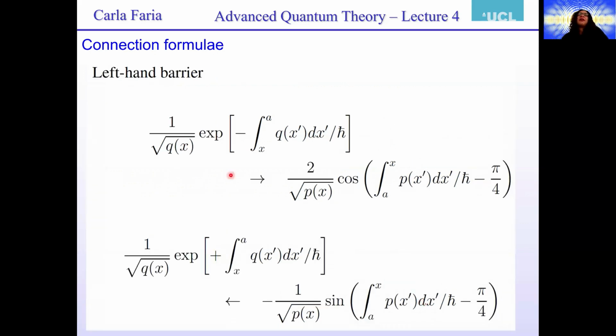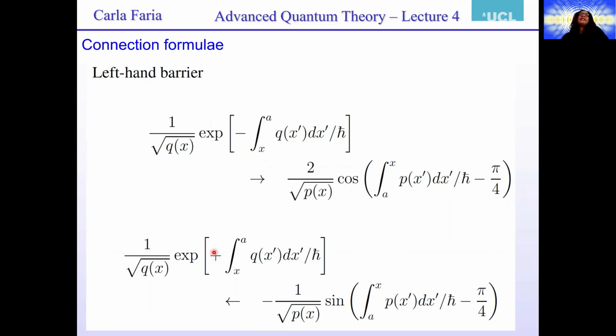And for the left-hand barrier, you have on the left-hand side an exponentially decaying wave function, which is going to give you some oscillating wave function on the other side of the barrier. And if you have a sine, you end up with an exponentially increasing wave function on the left.